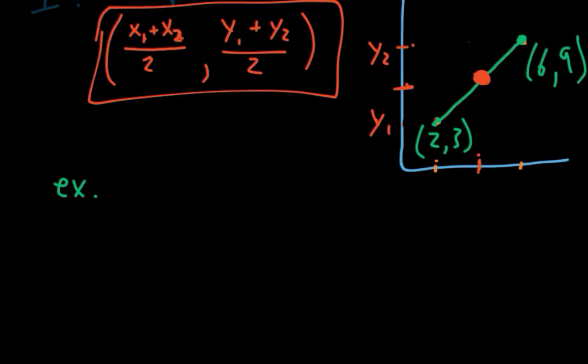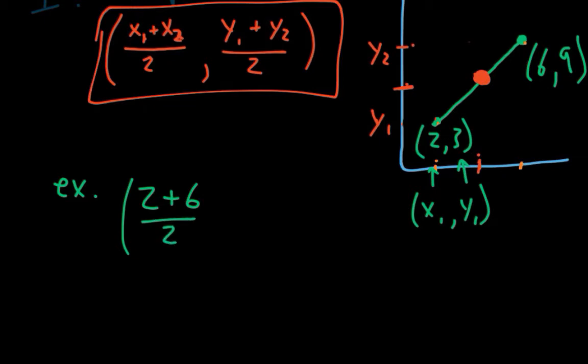You could do that, and line things up if you wanted to. But really, it doesn't matter which one's my first x value and which one's my second, because we're just adding them.